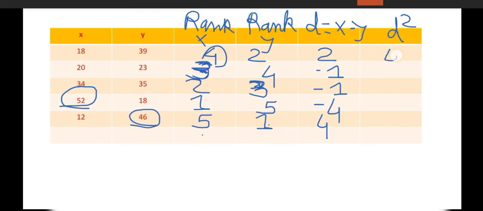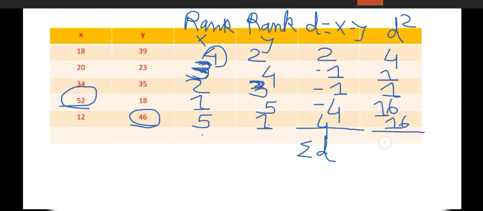And now you need to find out d square, which is squaring 2. So we get 4. Square of minus 1 will be 1. Again 1. Then square of minus 4, which will be 16. And square of 4 will be 16. Find out sigma d and sigma d square.